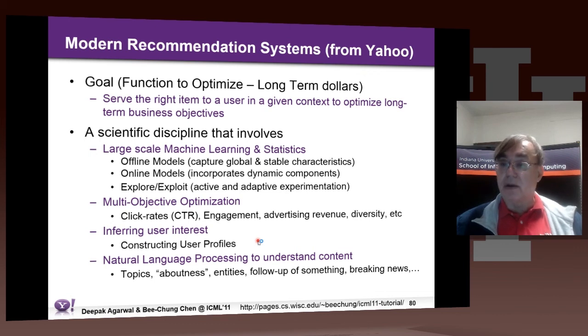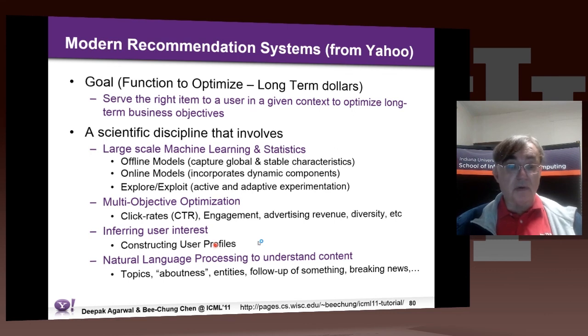So the long-term success of Yahoo is the optimization function. And that's what I pointed out. Multi-objective optimization is highly non-trivial. And it's done by direct information, what people click on, and indirectly from what they click on, directly from their profile.